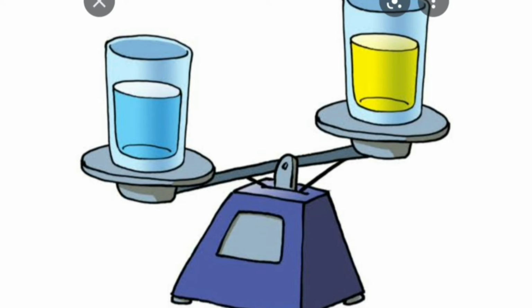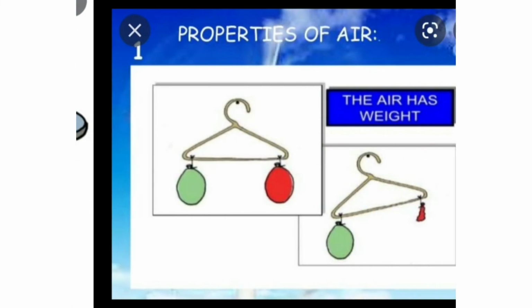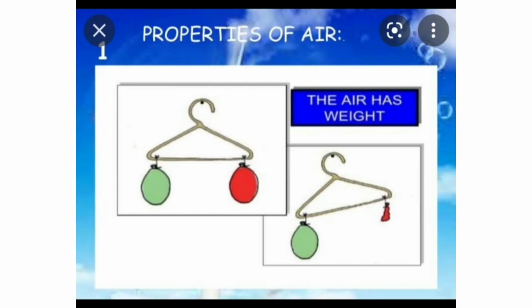Now we are going forward with the next activity that will prove that air, which is also a matter, occupies space and has mass. It is in the picture. So first you have to take two similar balloons and blow air into them.